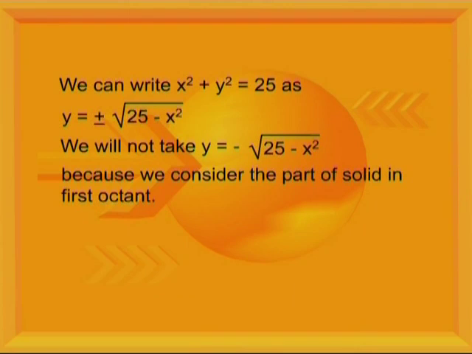y is equal to plus minus square root of 25 minus y square, and we will not take the minus sign because we are in the first octant. And first of all, we integrate with respect to y.